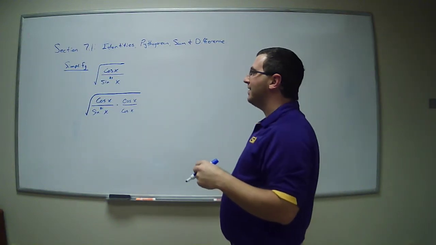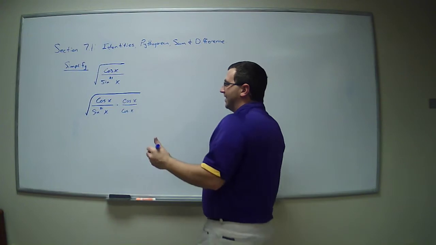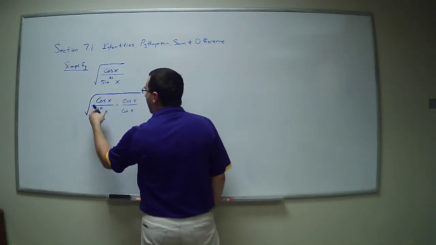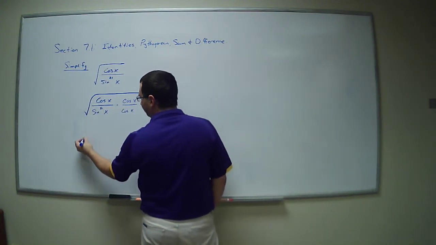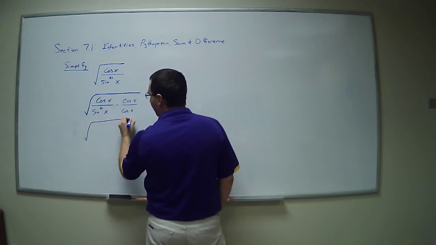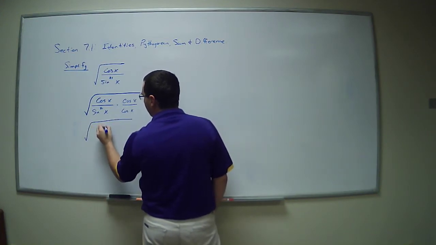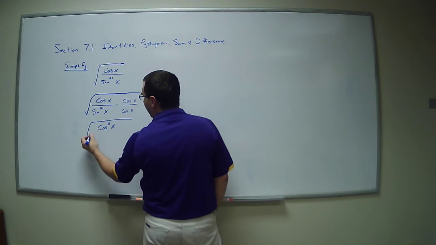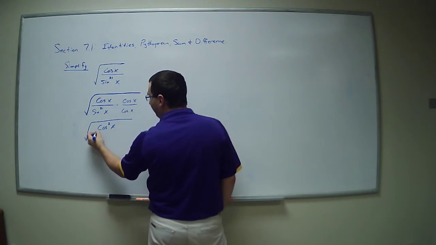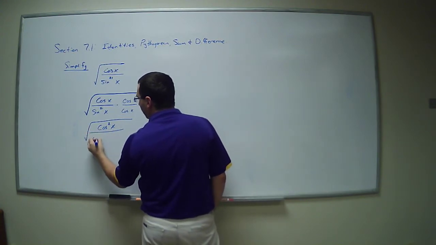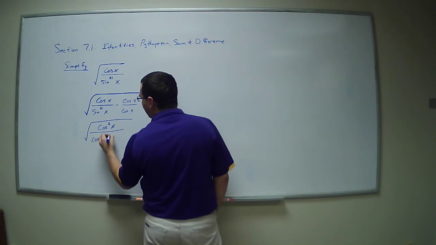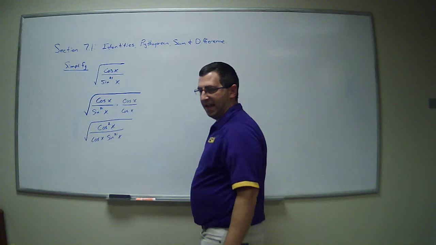Why are we doing this? Because in this next step, when we multiply straight across, we get cosine squared x on top over cosine x times sine to the 21st power of x.